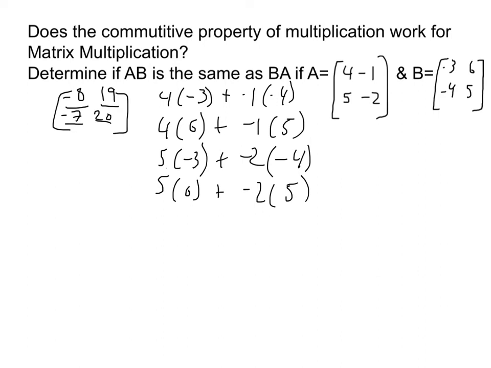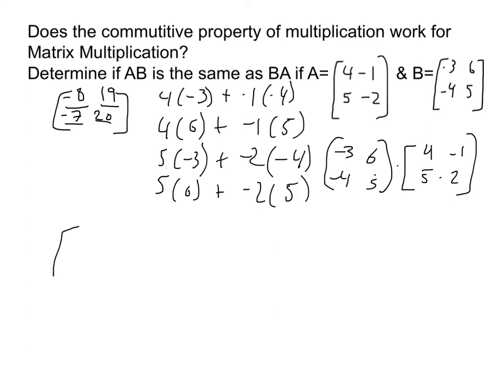Okay, if I multiply matrix B times matrix A, I'm going to write it out again. I'm going to write it as negative 3, 6, negative 4, 5 times 4, negative 1, 5, negative 2. I'm going to get a resulting matrix that is a 2 by 2.